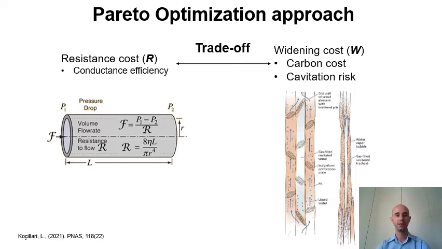The resistance can be extracted from this formula by the ratio between the pressure drop and the volume flow rate. And the resistance will depend on 1 over radius to the fourth.